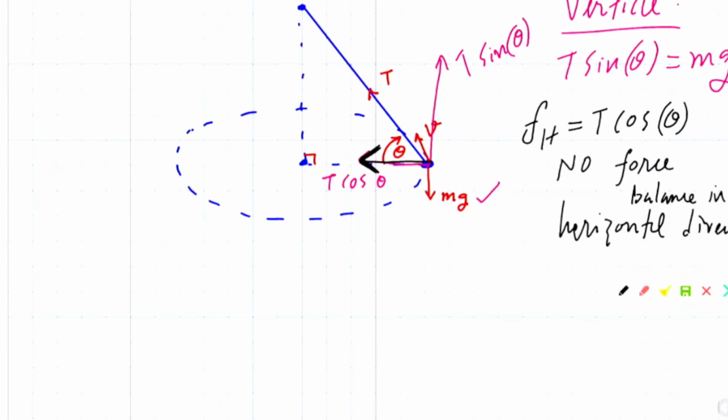So, you understand? In the horizontal direction, you have only one force, which is T cos theta. That means in the horizontal direction, you have an external force. So I would say the external force F in the horizontal direction is equal to T times cosine theta.